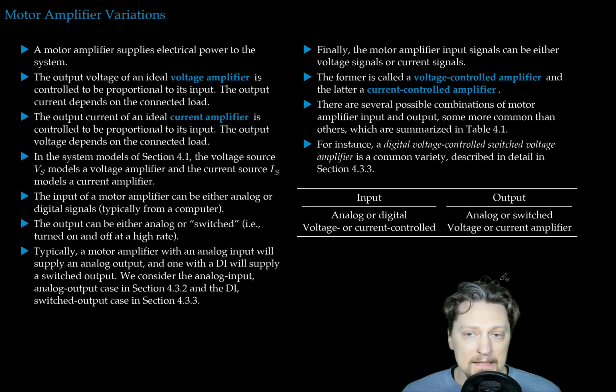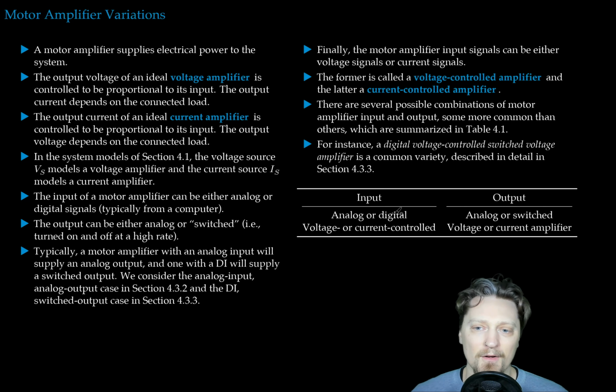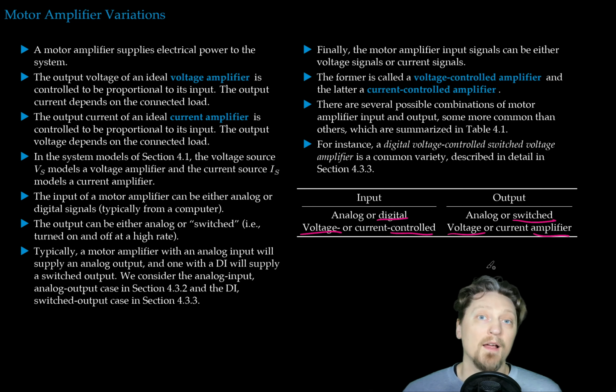So for instance, a digital voltage-controlled switched voltage amplifier is a common variety. There are others, and we'll also see the analog input, analog output case later in this section.